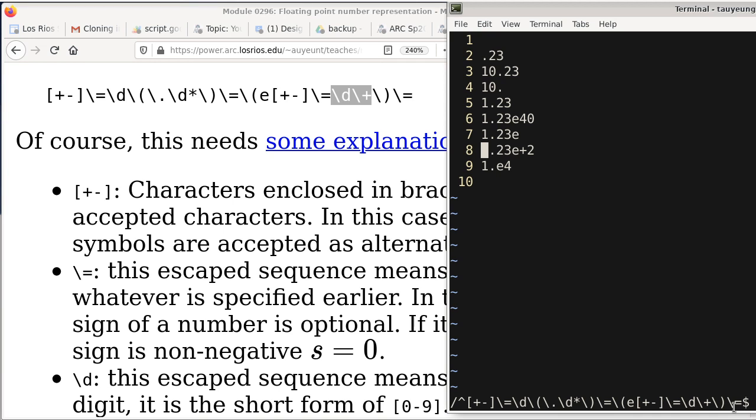Line 7 does not match because the E is supposed to have some digits after that, at least one, and there's none in this case. And it did not match that one, line 9 matches. So this is kind of a cool way to see how the regular expression stuff works.